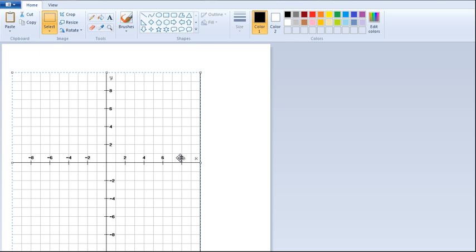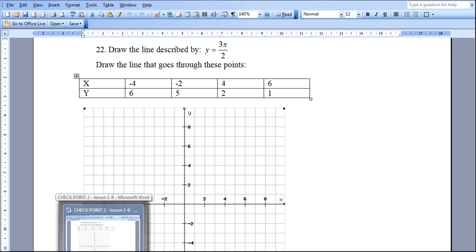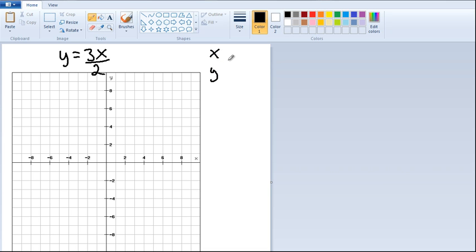So remember, the function is y equals 3x over 2. I'll write the function up here. So basically we can just find an x value and a y value, and then we have 1 point.